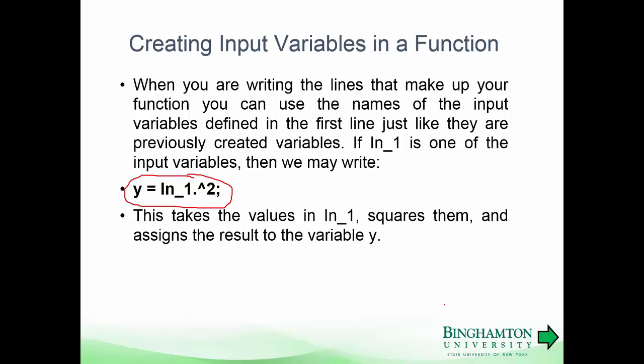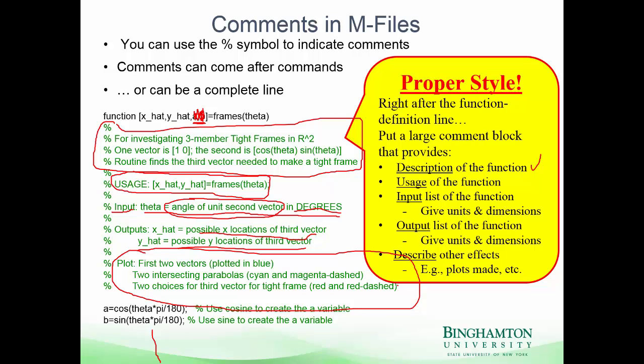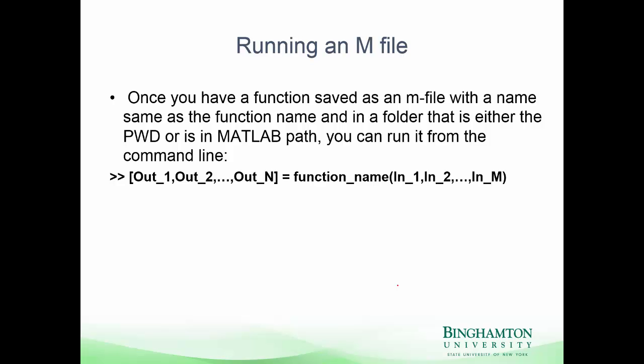Here's where we were. We did that already, we talked about that already, and we've already seen how to run an M file. I just created something called test function. And when I call it, I do not have to use here nor here the same names of the variables that were used to define the function. I can put in anything I want.